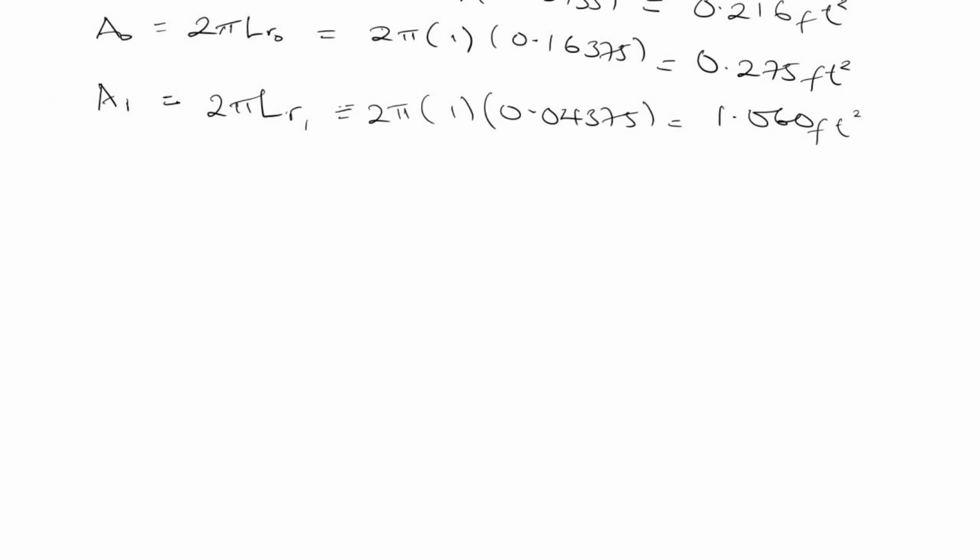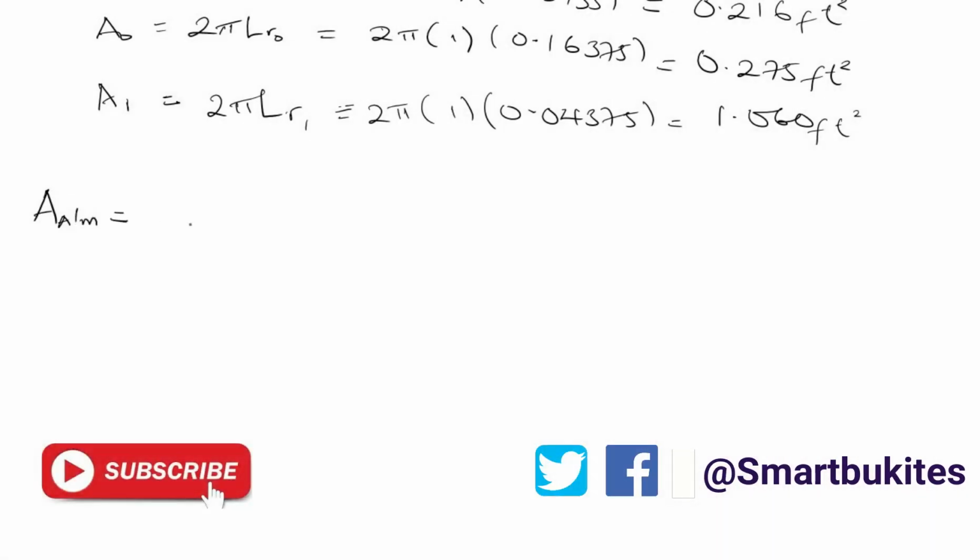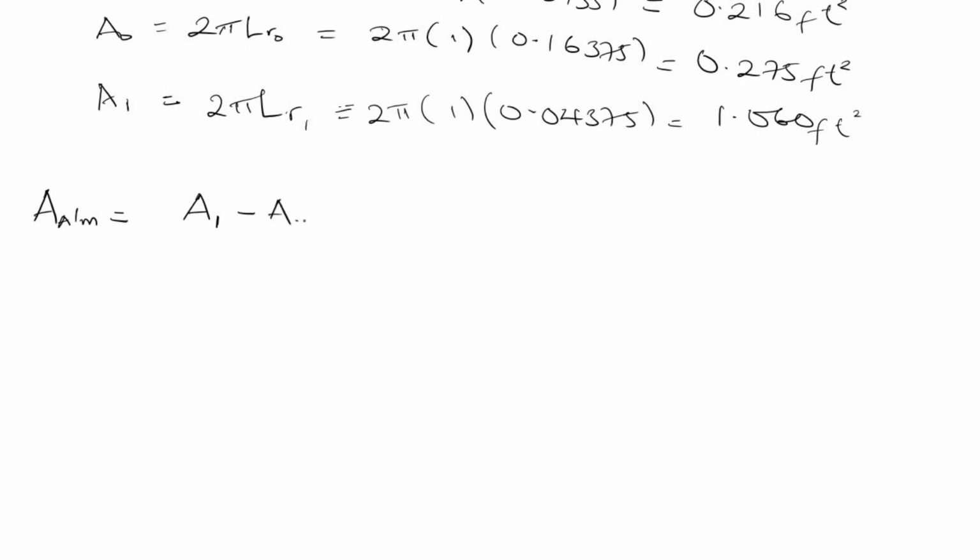Now to calculate my log mean area, since I have all the areas, AN is going to be what? A minus AI divided by what? Ln AN over AI.